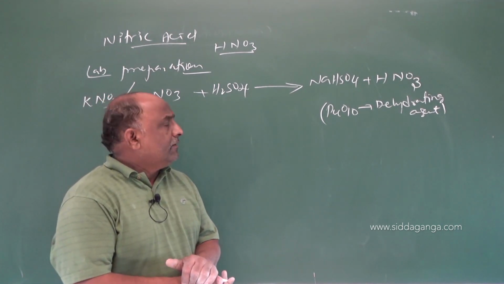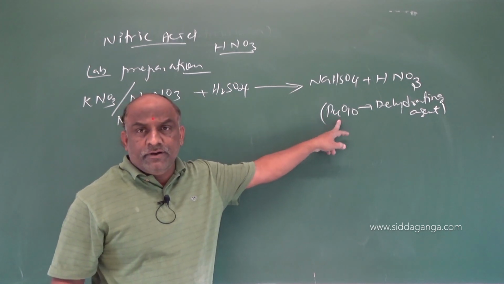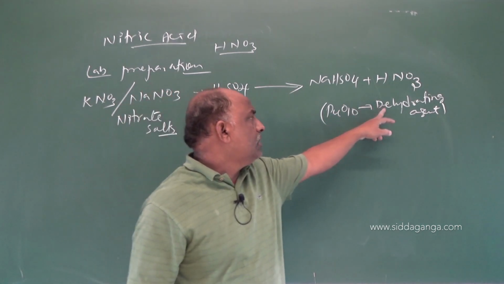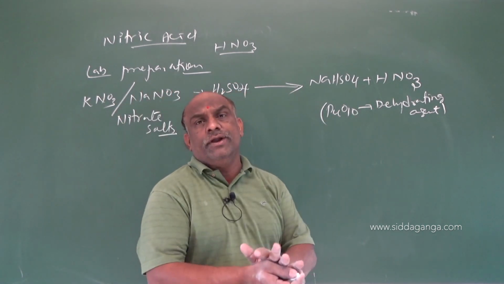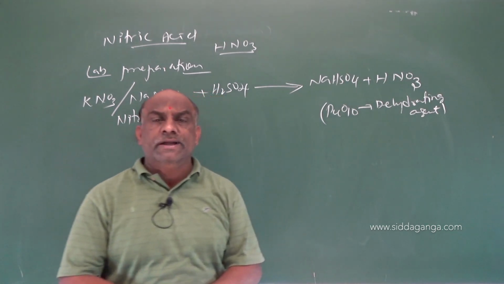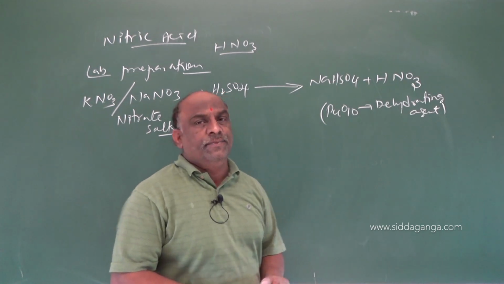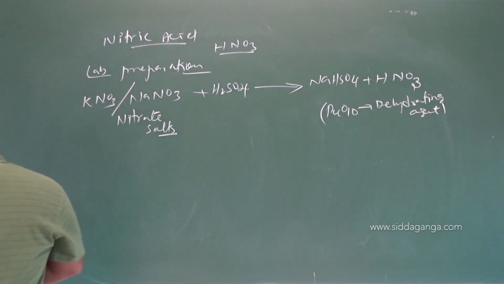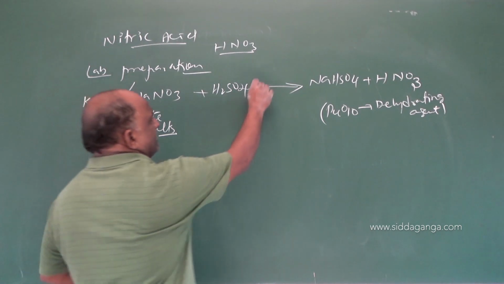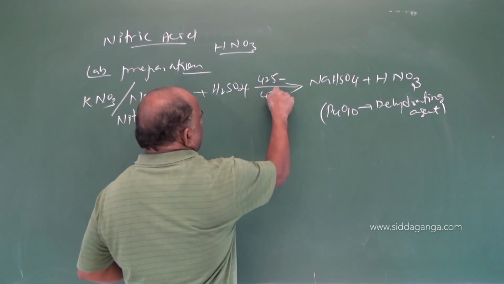And keep this point in your mind, it is very important: dehydrating, how to remove moisture, by passing P4O10. P4O10 is called phosphorus pentoxide, and it acts as a dehydrating agent. Coming to the second one, which is very important, make a note. The condition here is a temperature of 425 to 475 Kelvin.